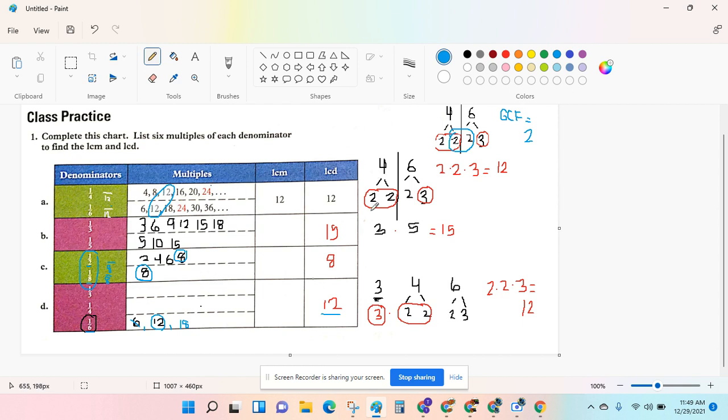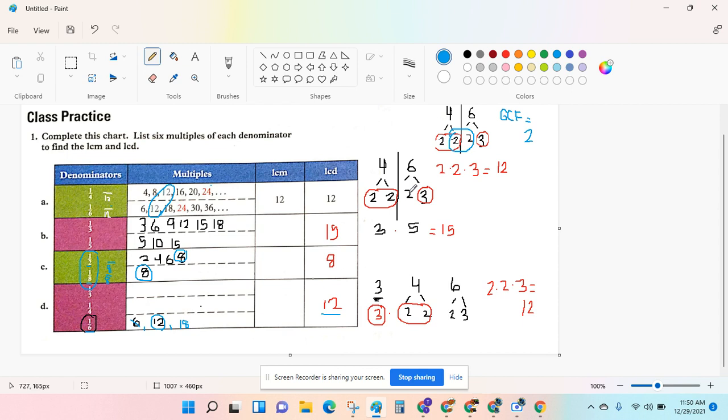So the way you can be absolutely certain that you've got the least common denominator is to use this method here, which is prime factorization, like we did when we were finding our greatest common factor. So you bring it down till you get prime numbers. In this case, 2 and 2, that first one was primes. And then 6 is 2 times 3, both of those are primes.